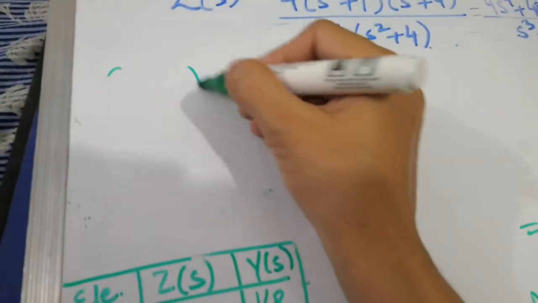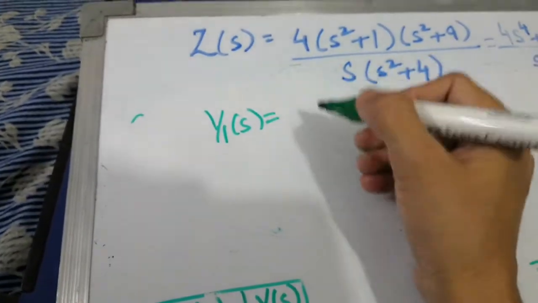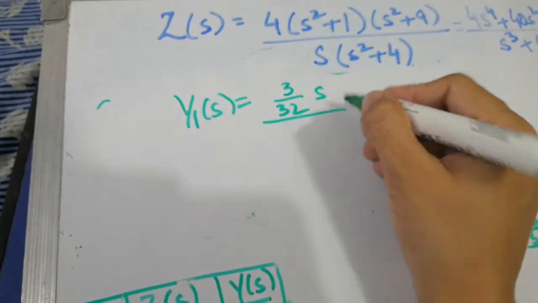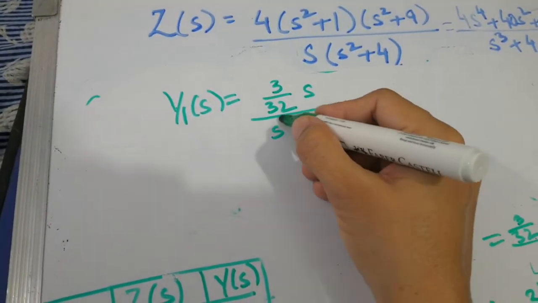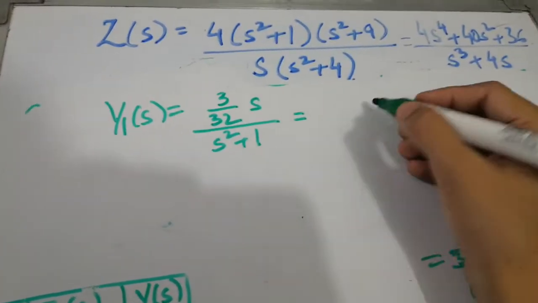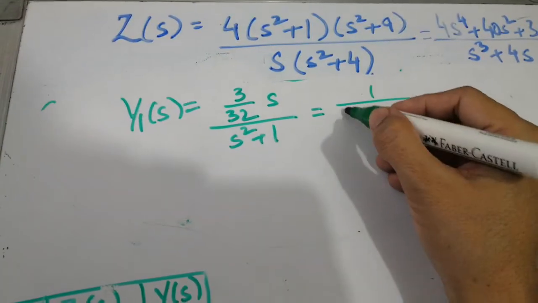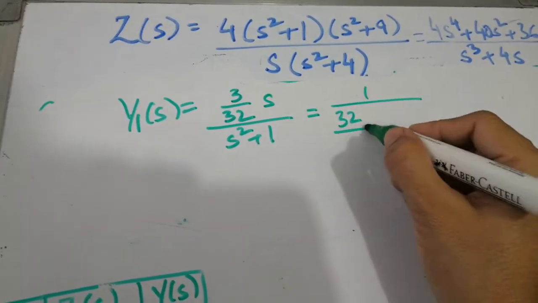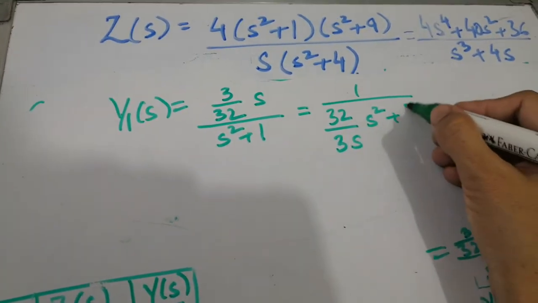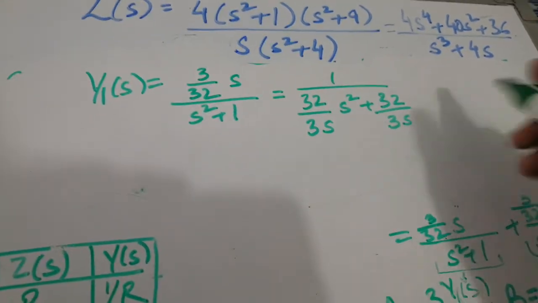So now my y1s is equal to 3 by 32s divided by s square plus 1. That can be directly written as, sending this to the denominator, 32 by 3s into s square plus 32 by 3s, right?